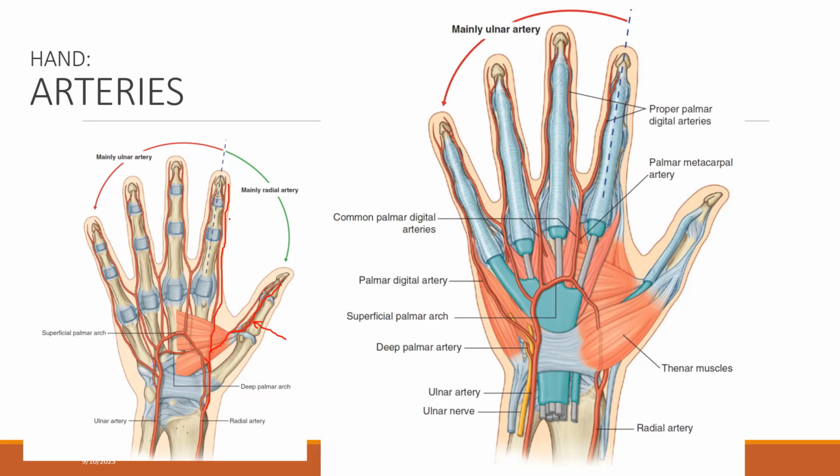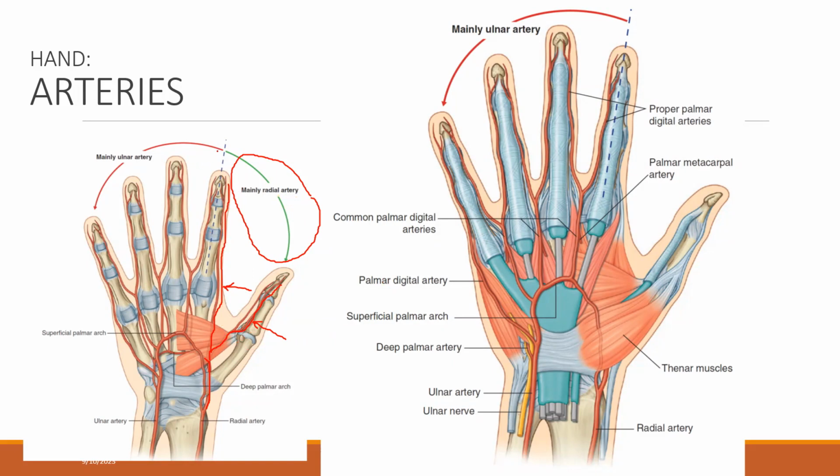The index finger. But not all the index finger, only half of the index finger. Okay, and so this half of the index finger, as well as the thumb, we call them mainly radial artery supplied. Why is that? Because of the fact that there is this branch and this branch right here that supplies these structures. And so this is mainly radial artery.